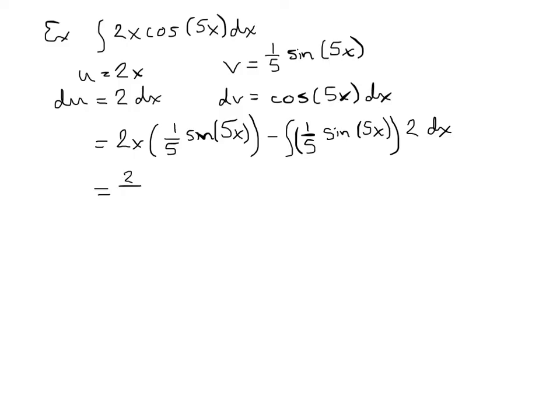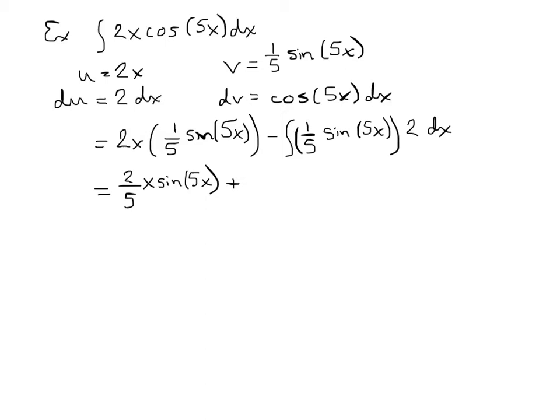For the first term, I've got 2/5 x multiplied by sine of 5x. And for this next integral, I'm going to look at the sine function first. The integral of sine is negative cosine, so that's going to make that a plus.